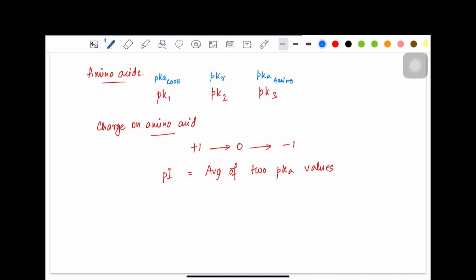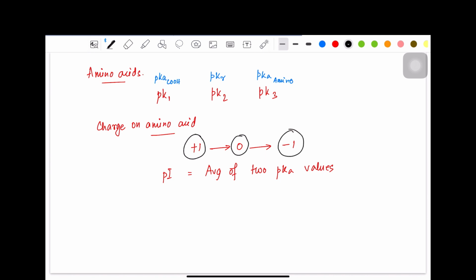Then the Pi value is an average of the two pKa values. But for amino acids where there are three pKa values, we have to consider the charge on the amino acid. We have to consider the region when the amino acid is changing from +1 charge to 0 to -1.